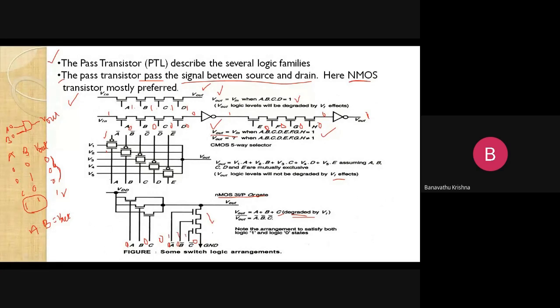So now these are connected as logic 1, and this series connection is going to work. Then V out bar equals A bar dot B bar dot C bar. This is another case. Note that the arrangement satisfies both logic 1 and logic 0 states. These are some of the array logic elements in switch logic using pass transistors.